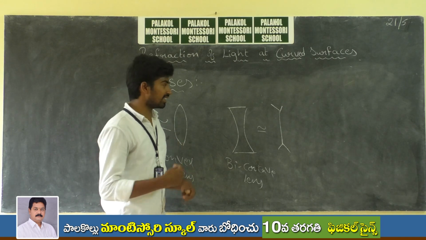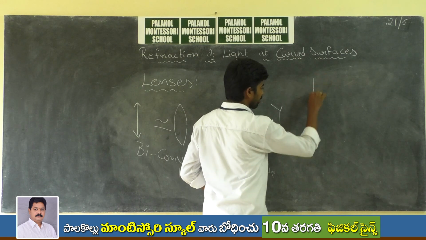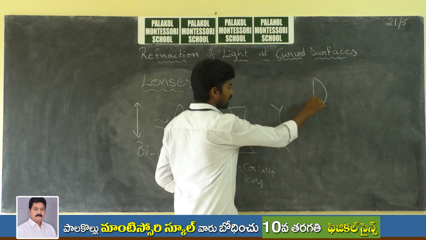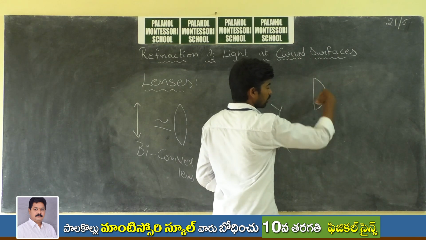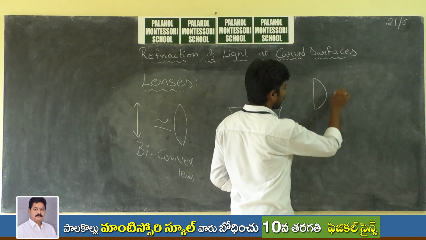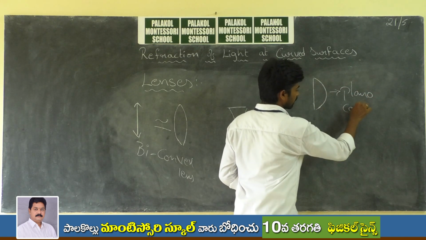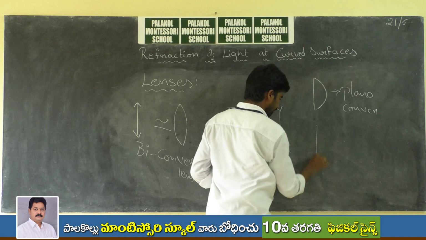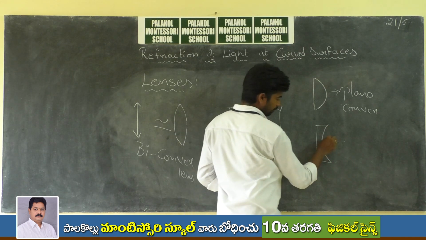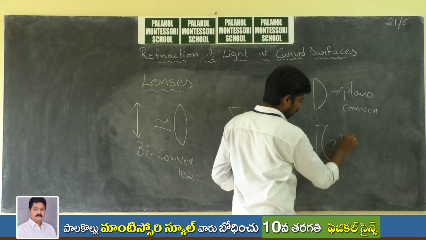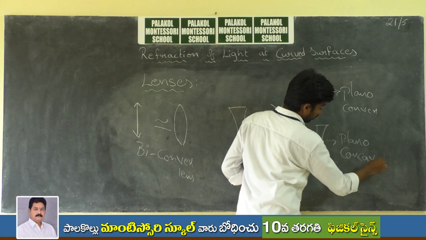These are the two main types of lenses, and there are some other types also. One is the plano-convex lens: one surface is plane and the other surface is convex. And when one surface is plane and the other is concave, the lens is called a plano-concave lens.